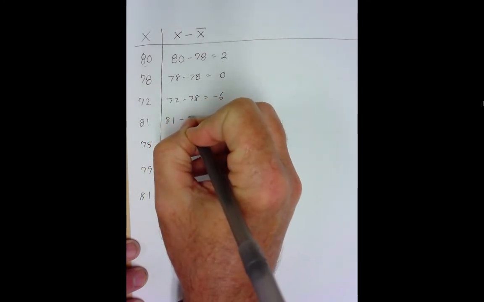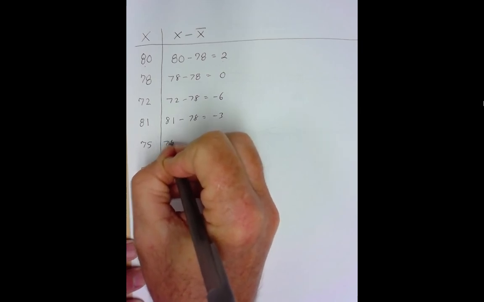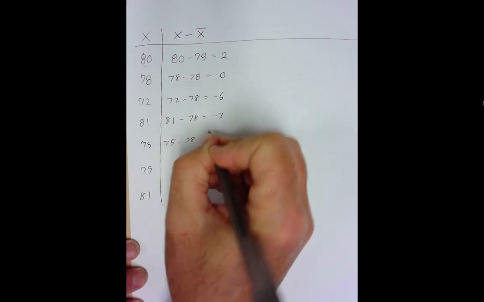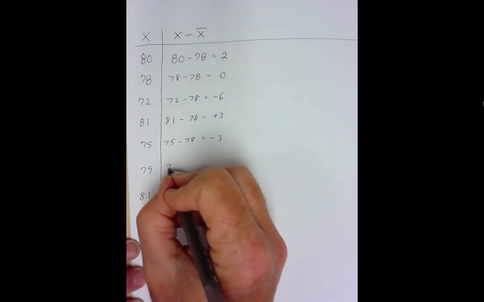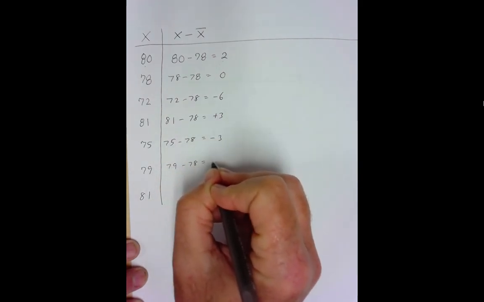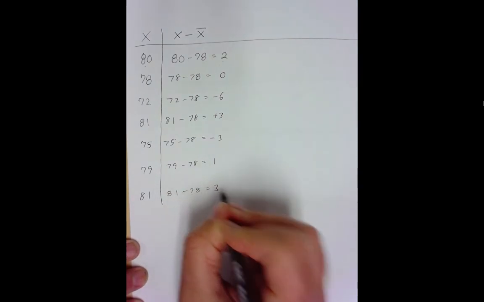So 81 minus 78 is positive 3. 75 minus 78 equals negative 3. 79 minus 78 is a positive 1. And 81 minus 78 is a positive 3.